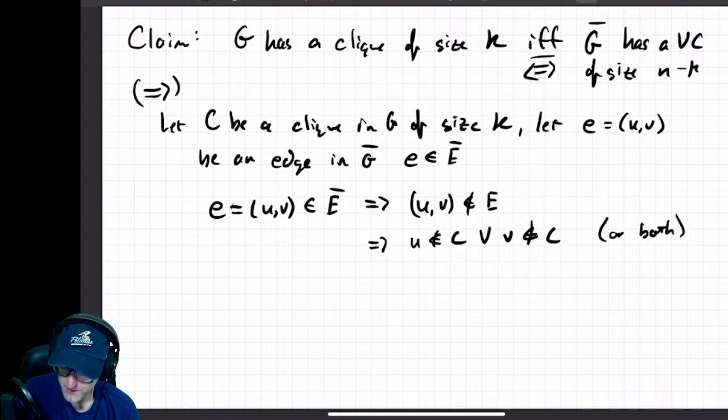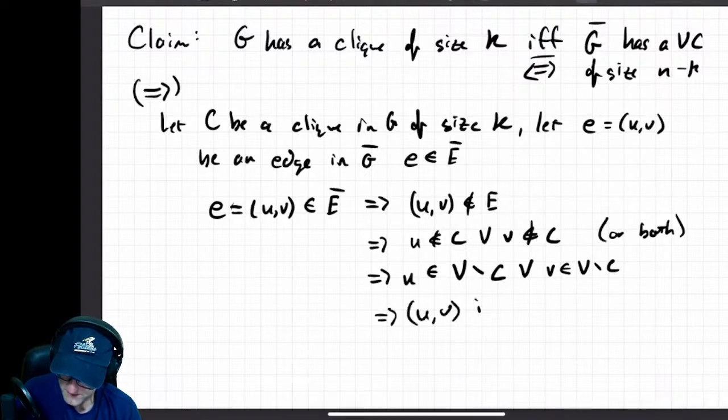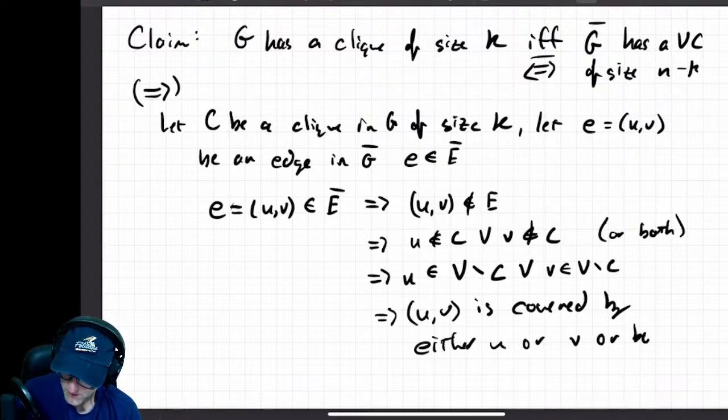Again, that is a possibility. That implies that u is in the set V minus C, or v is in the set V minus C. Which means that uv is covered by either u or v or both.